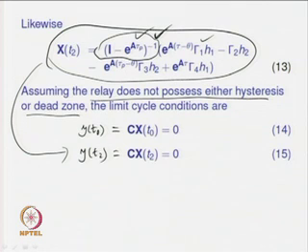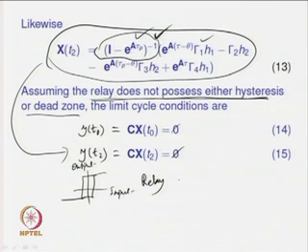When is this not true? When the relay is not ideal, and if it possesses hysteresis or dead zone, in that case these zeros will not be there. Suppose the relay has some hysteresis, with the relay characteristics, input and output, given by this. When the relay characteristics is not ideal, y(t0) will be some finite value depending on the hysteresis width.